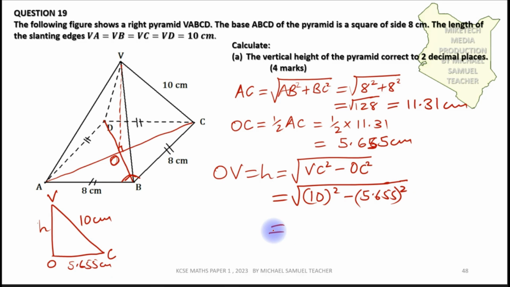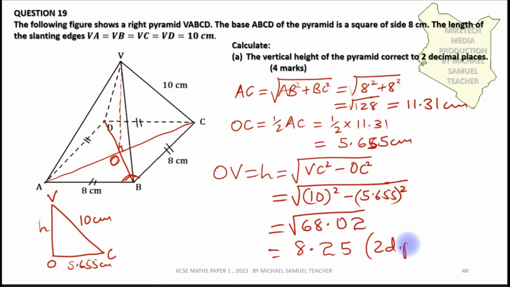Using a calculator, this will be the square root of 68.02, and therefore the square root of 68.02 will be 8.25, correct to 2 decimal places.